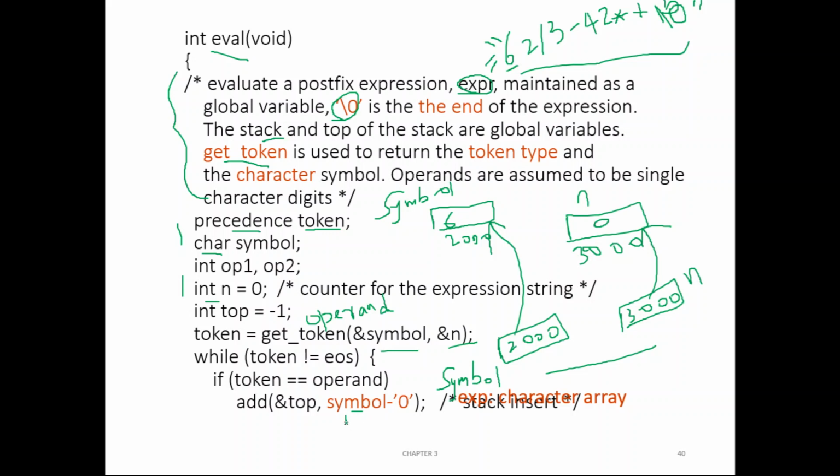So symbol contains 6. The ASCII value of 6 is 54 and the ASCII value of 0 is 48. So what it is doing is subtracting the ASCII value of 0, which is 48, from the ASCII value of 6, which is 54. So 54 minus 48 is nothing but 6.